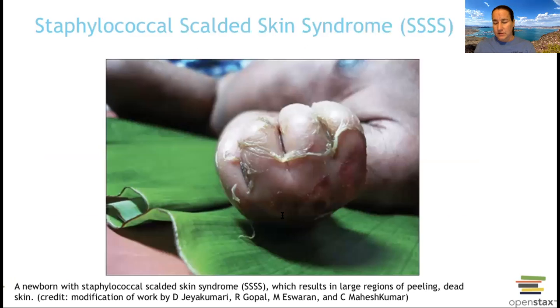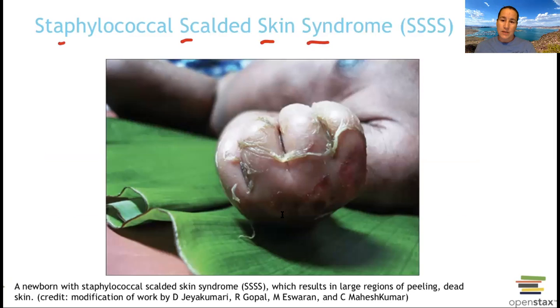Other staph infections could be staphylococcal scalded skin syndrome, SSSS, or 4S. This is coming not from Staph epi, because I told y'all that that one's pretty decent as long as it stays where it's supposed to. Staph aureus can cause this. It causes the skin to turn red first. It's going to have erythema.